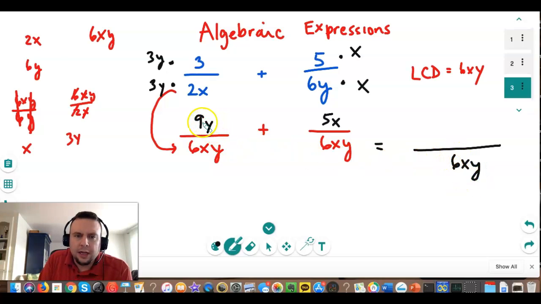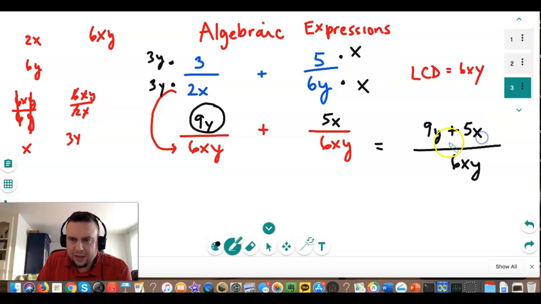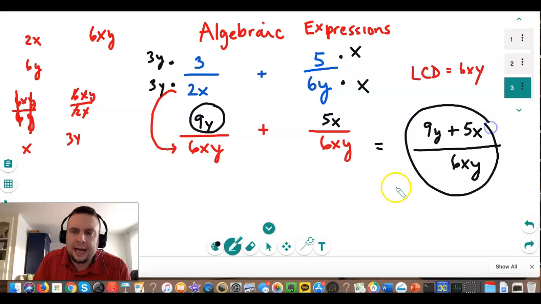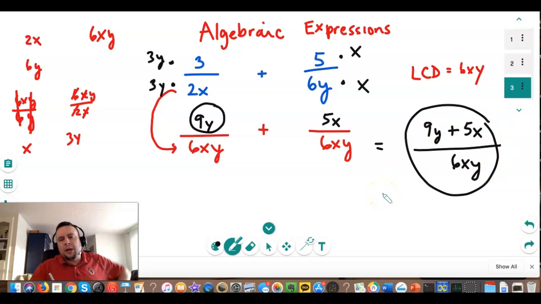All right? And so what we have up here is we would just add the numerators up, 9y plus 5x. And if they could simplify, you would, but since you can't simplify 9y plus 5x, you just leave it the way it is. And so this is adding some algebraic denominators together.